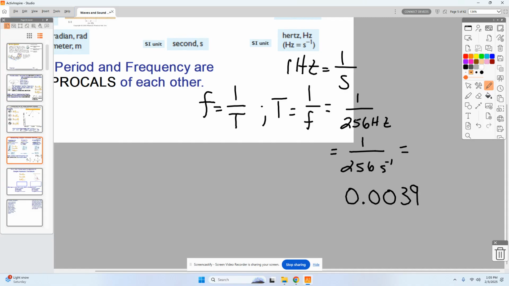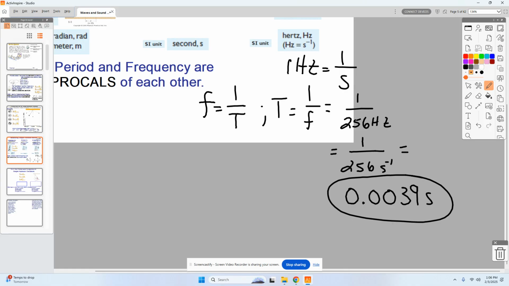Okay, I want you to see where that 0.0039 becomes seconds, because it's 1 over 256 to the -1 power, seconds to the -1. So that seconds to the -1 would become seconds up there. And so that would be the amount of time it takes for that to complete a cycle. Period measured in seconds, frequency measured in cycles per second. They are reciprocals. Very small amount of time.